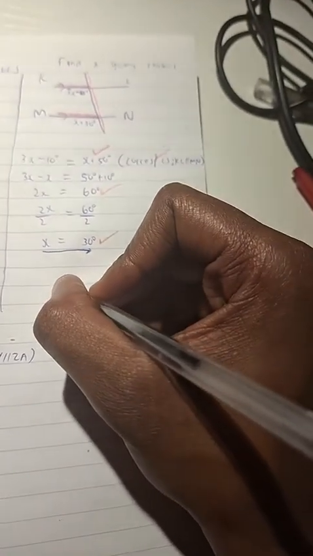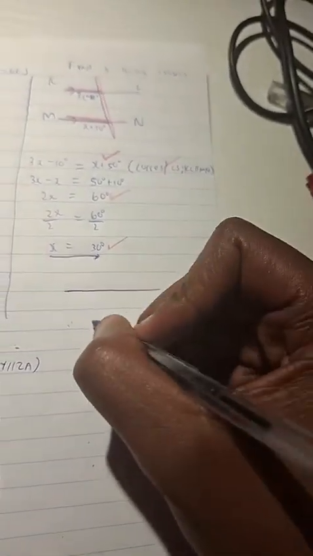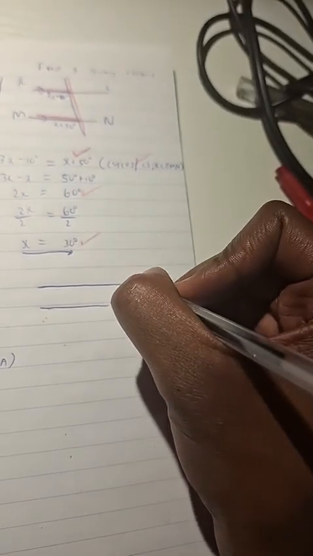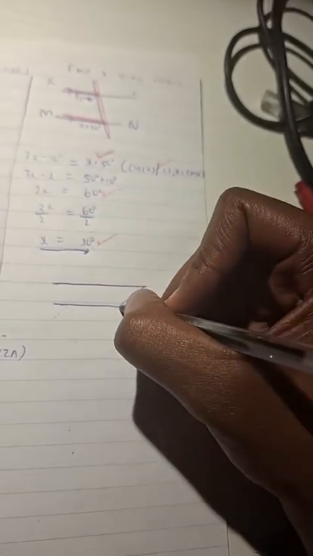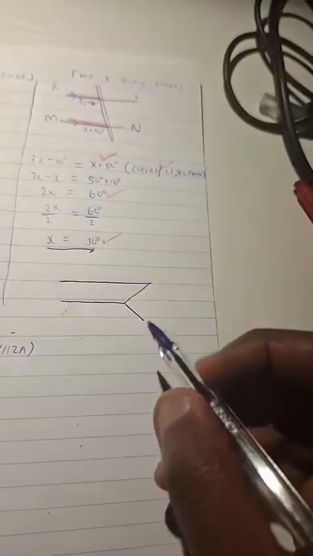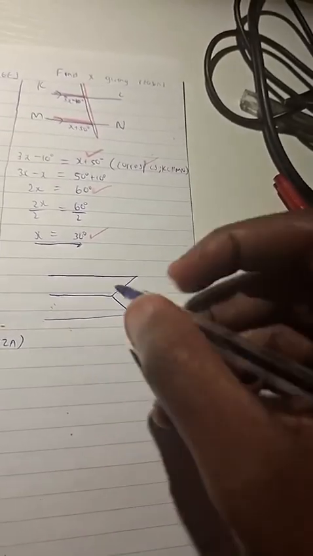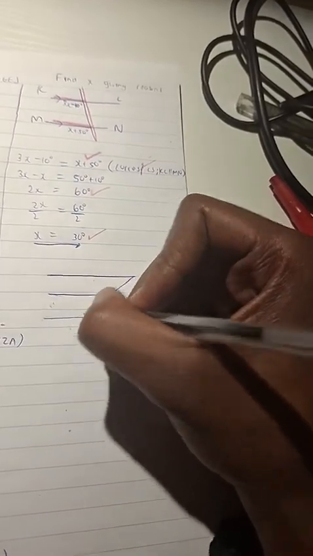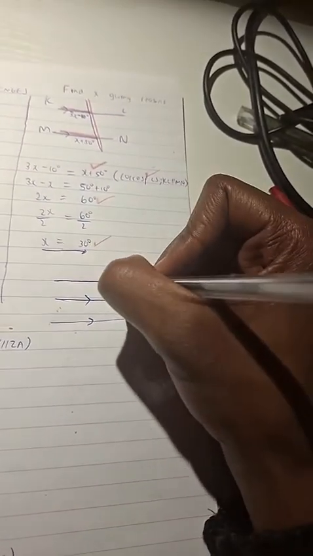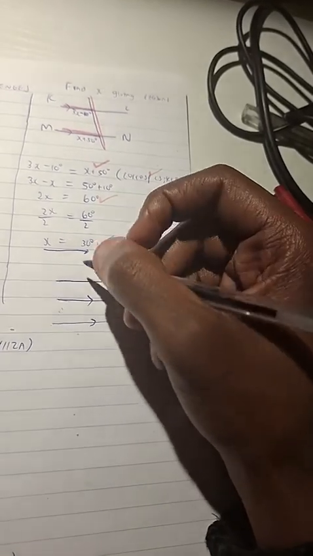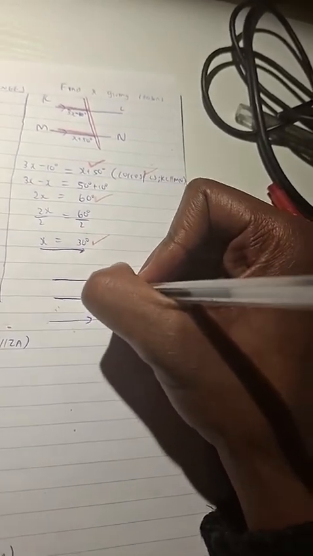Okay, let's see. Maybe let's do one more before I leave and end this live, at least end the live for what we've done today, because really and truly it was only a bit of parallel lines that I wanted to do, and then we'll continue with more parallel lines and more geometry for grade 9s sometime tomorrow.